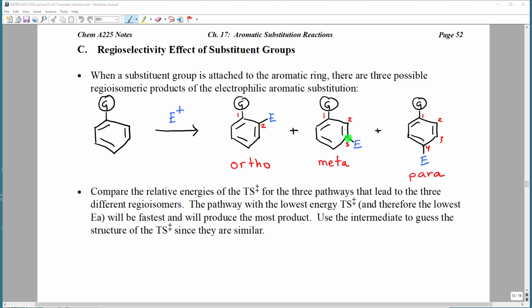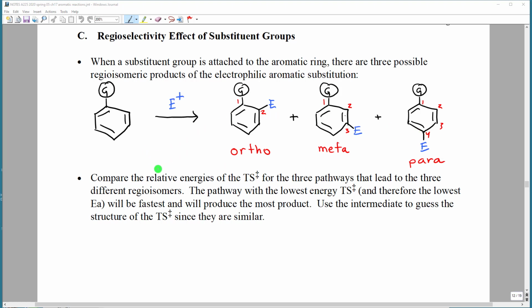Relative numbering 1, 2, 3 then would be the meta, and 1, 2, 3, 4 would be the para. Now, there are actually two different orthos in theory because this carbon here is also 1, 2 related in the opposite direction. So that would also be ortho. And there are also two metas. There's only one para.